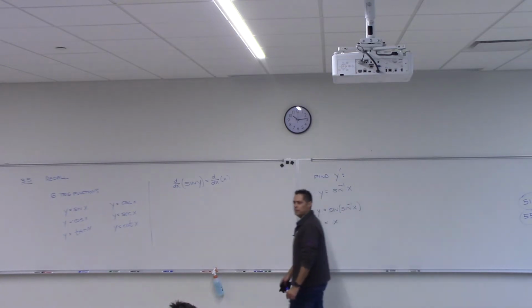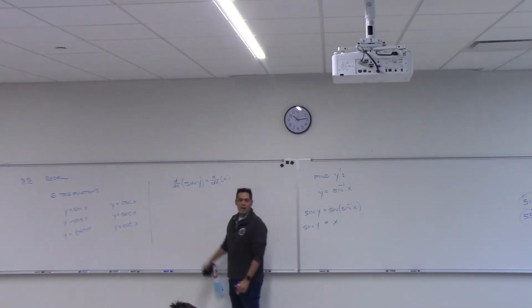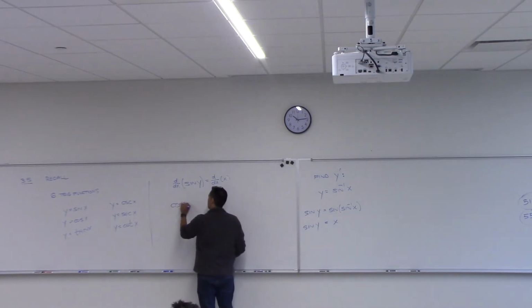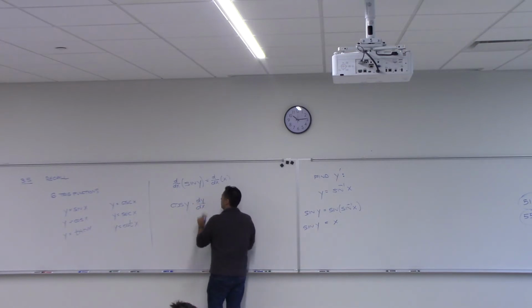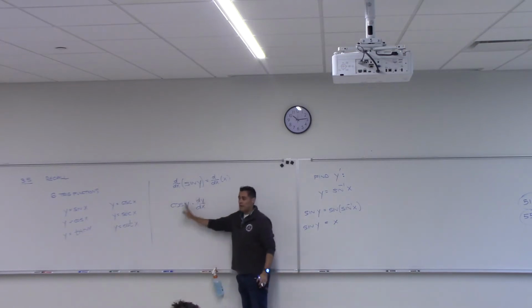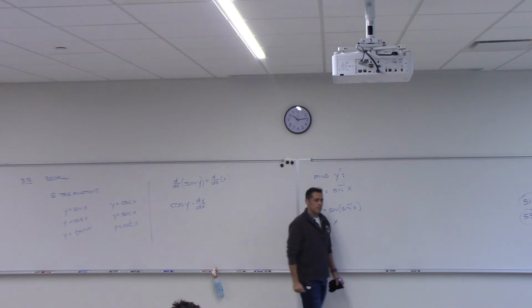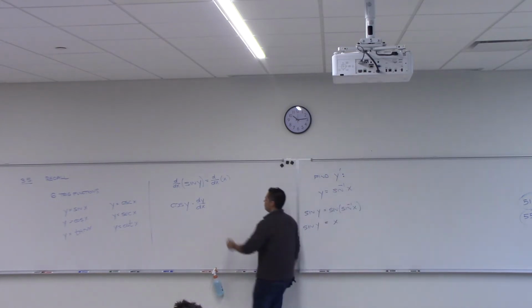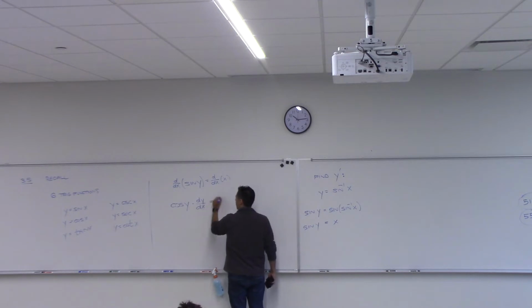Carefully. What's the derivative sine of something? Cosine of it. Cosine of y. Good. Times dy dx. Chain rule, right? You have to take derivative of the y as well, right? So that's derivative of the left side. What's derivative of the right side? 1. d dx of x, that's just 1.